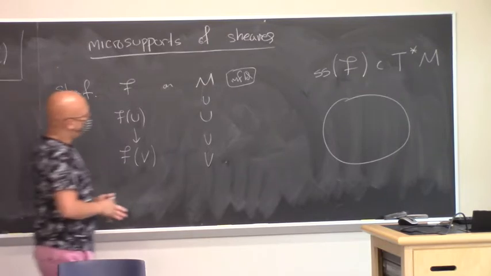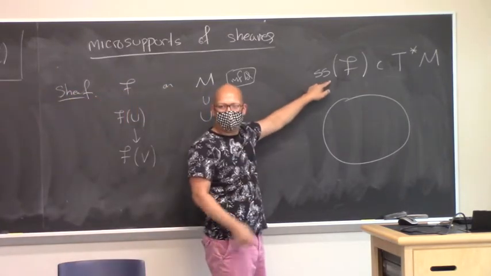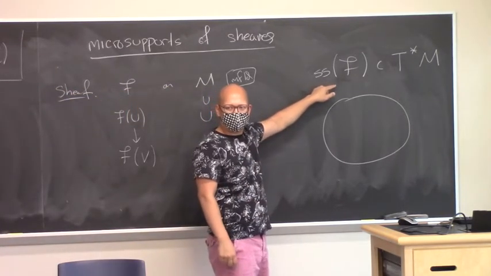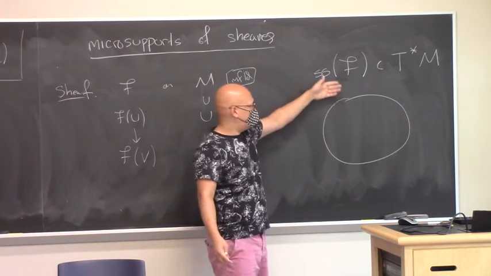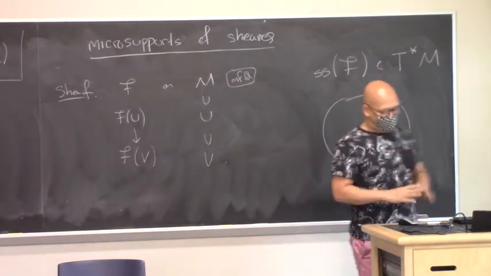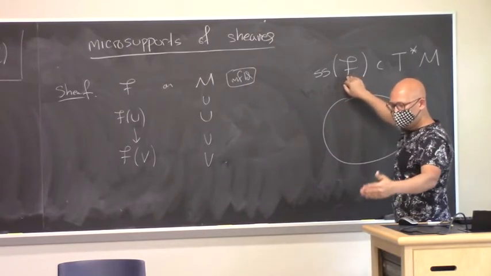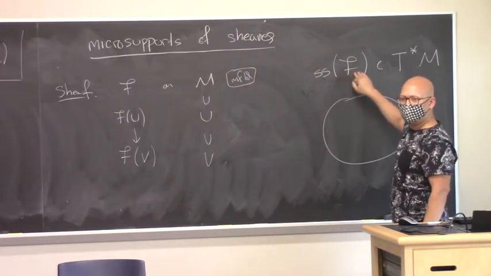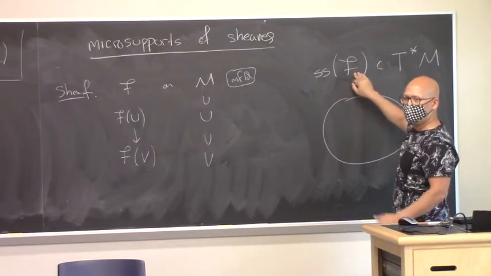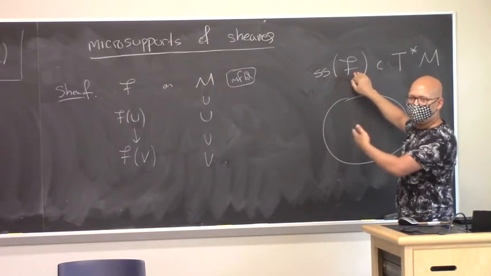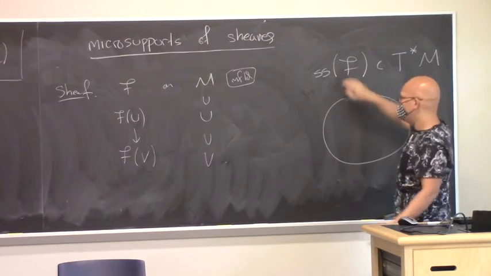In particular, when F is the sheaf of solutions of a D-module, the characteristic cycle lives on this. It's not a cycle itself, but the characteristic cycle lives on this.